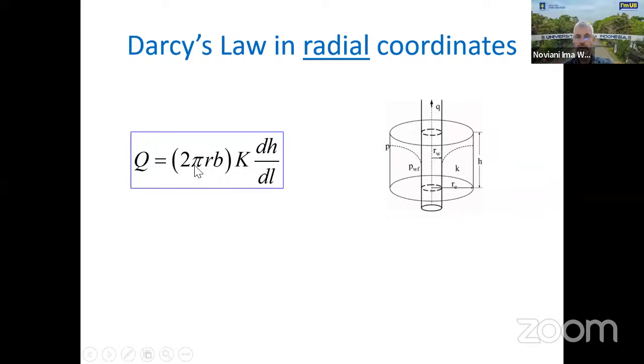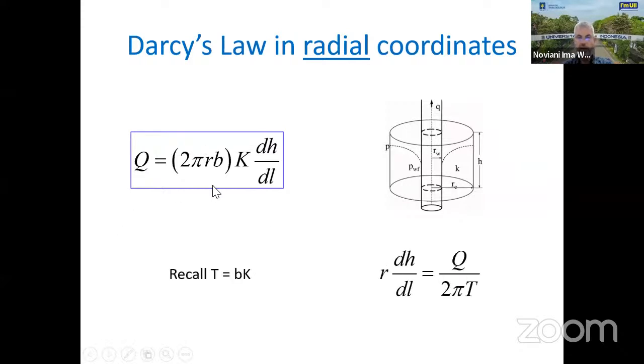So 2 pi r is the circumference at radius r of the cone of depression, and B, unfortunately it says H here, but B would be the thickness of the aquifer. So it looks very similar to Darcys Law, except now we have the radial coordinates.